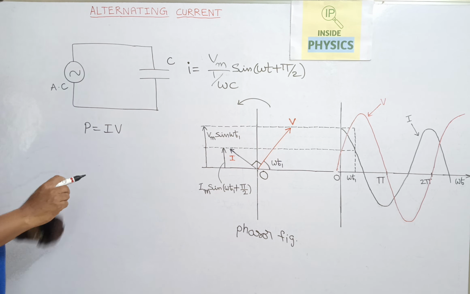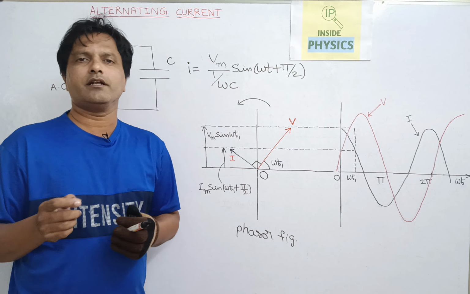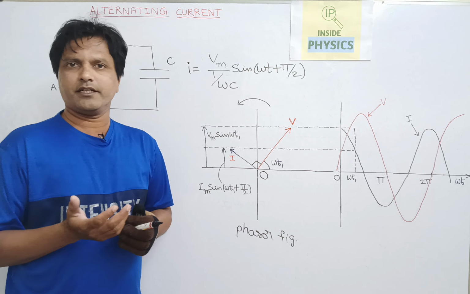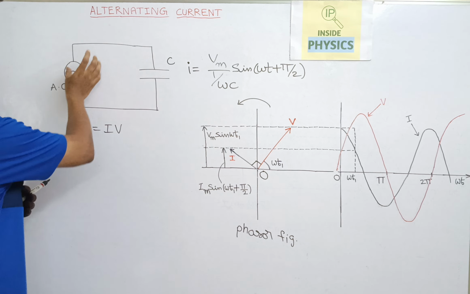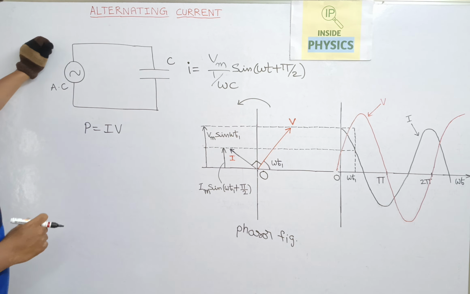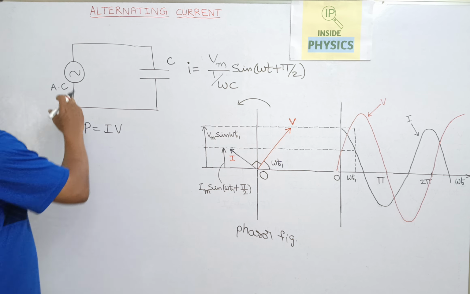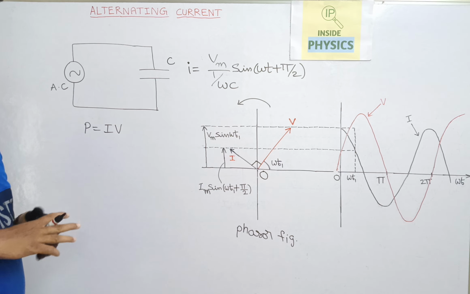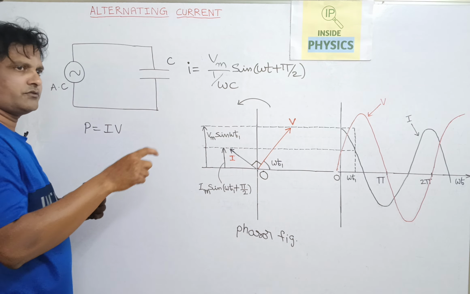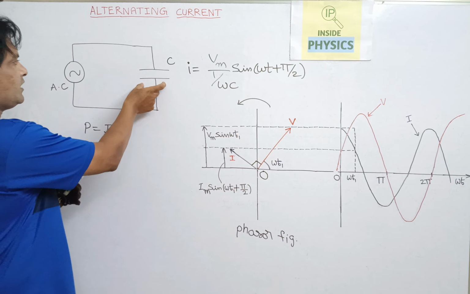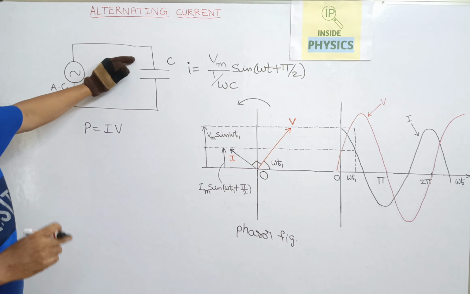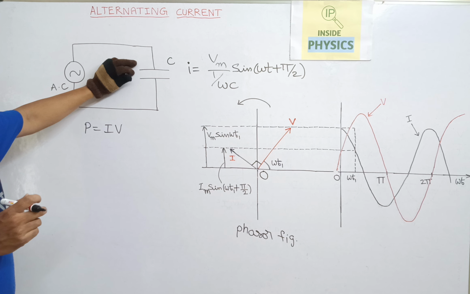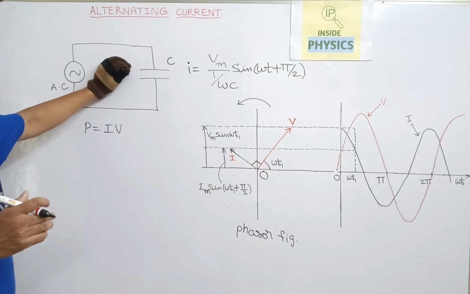Whenever there is an electrical component like a resistor, capacitor or inductor, and a potential difference is given by an external supply, if it is a DC supply, the DC current flows for a very short time until the capacitor is fully charged. When it is fully charged, the current stops.